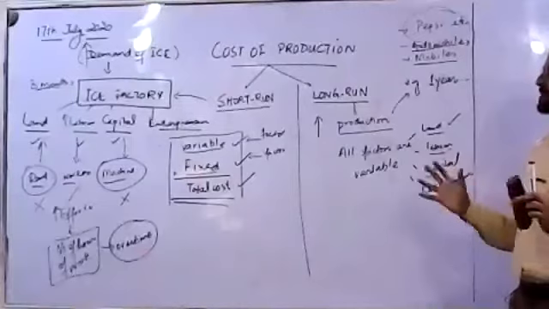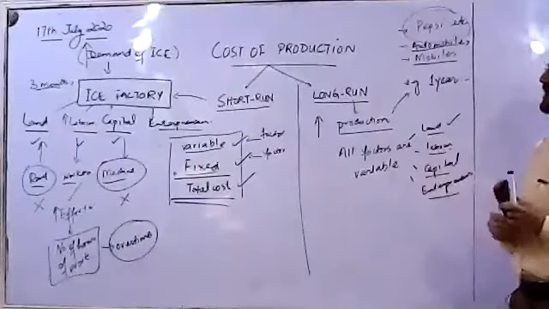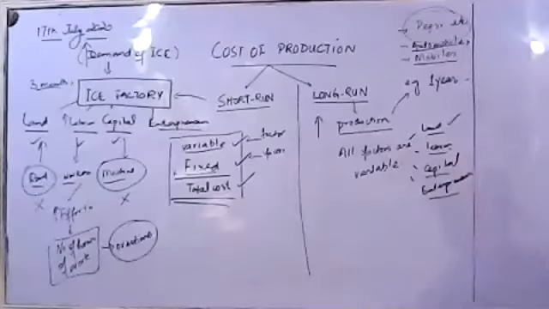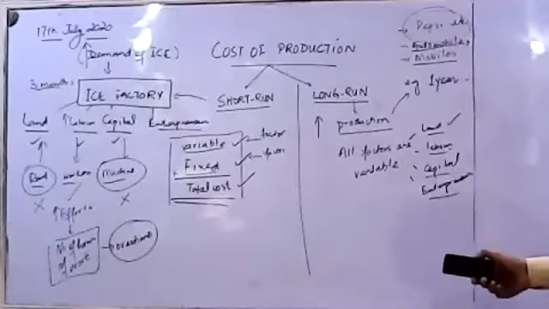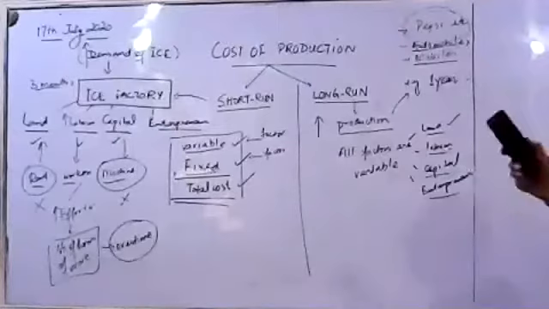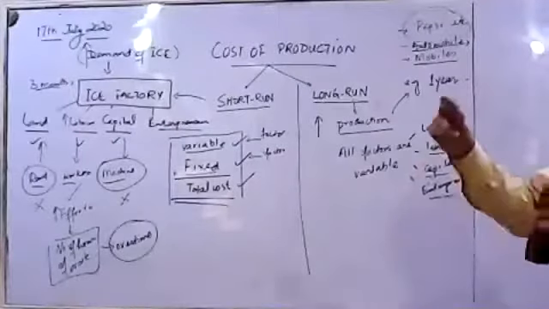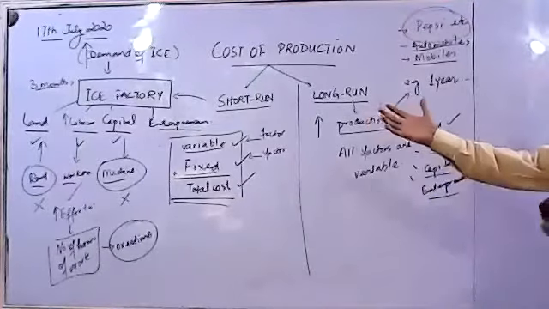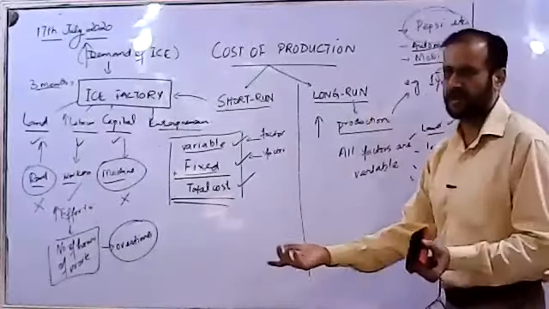So now, in the short run, what we are learning today, before the board, it tells us that the short run is a time period in which we can produce for a certain time in a year, maybe for 3 months, maybe for 6 months, or likewise.